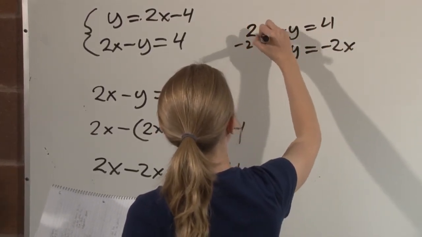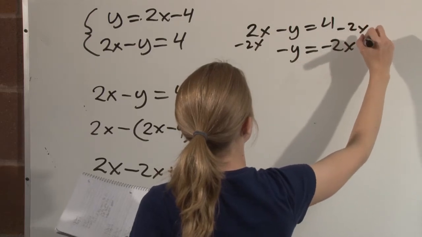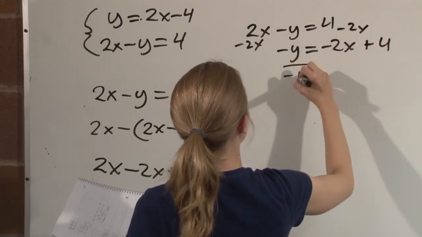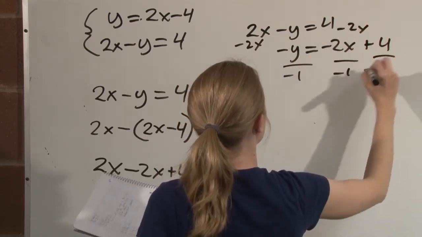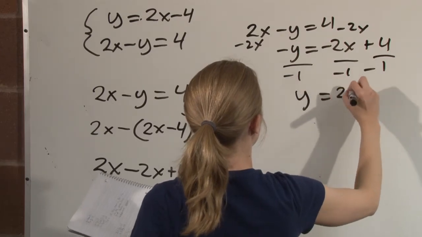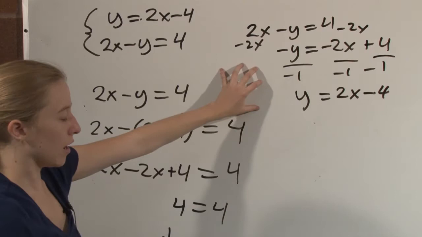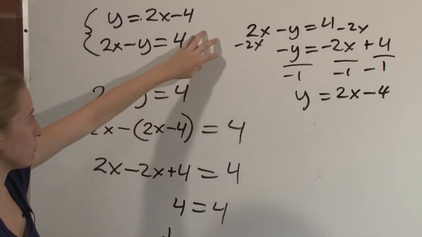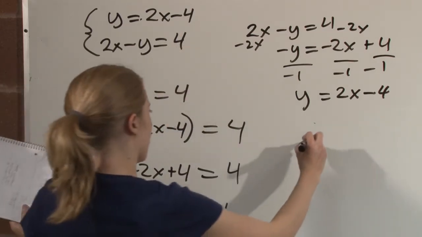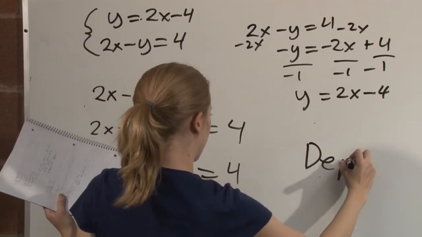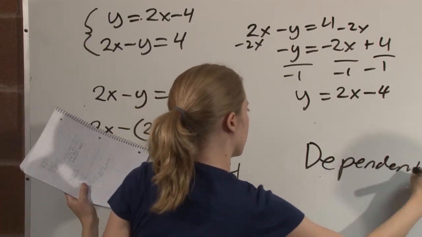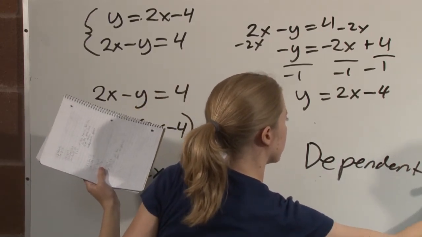If I subtracted that 2x, you would see that those are the same line. And when we had two equations that actually represent the same line, that was called a set of dependent equations.